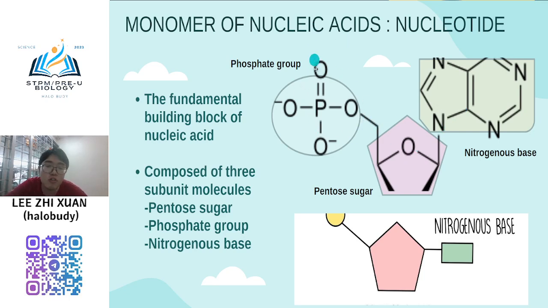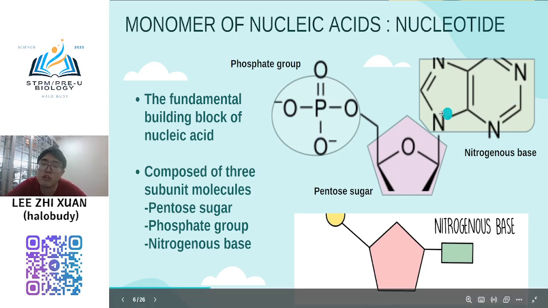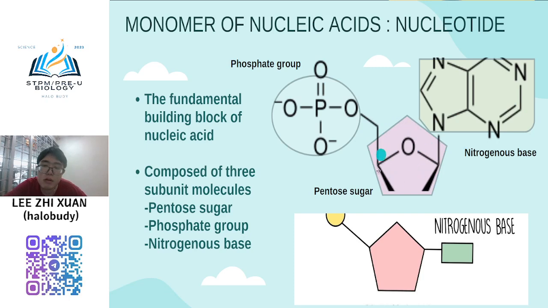One is the phosphate group, PO4 with a 2 negative charge. Another is the pentose sugar, which we call ribose. Another is the nitrogenous base. If you still remember from your SPA, you learned about adenine, thymine, guanine, cytosine, and uracil, all five nitrogenous bases.